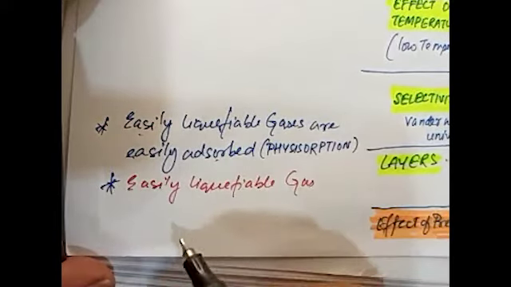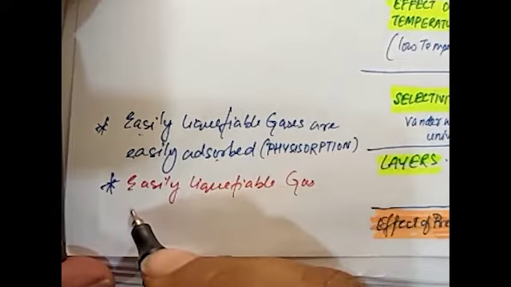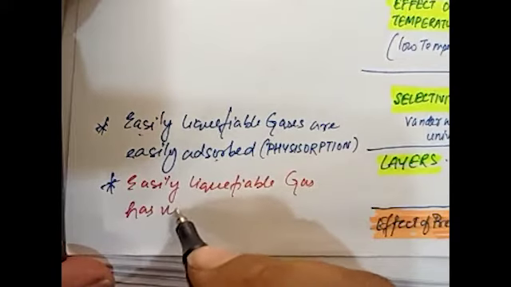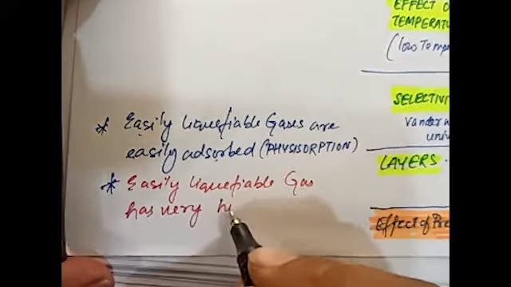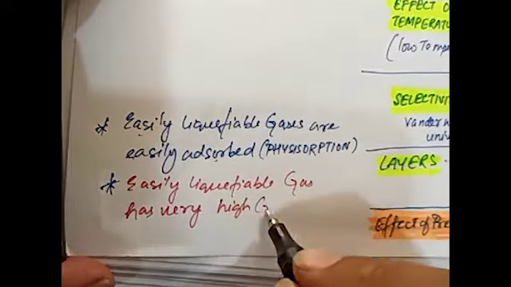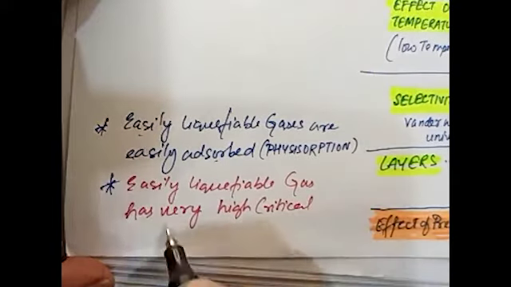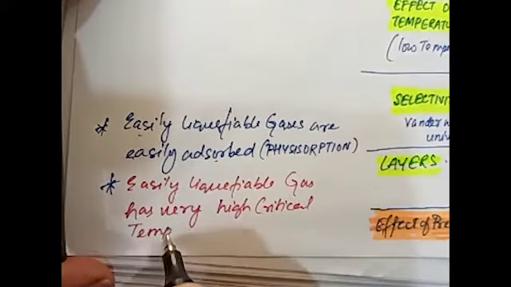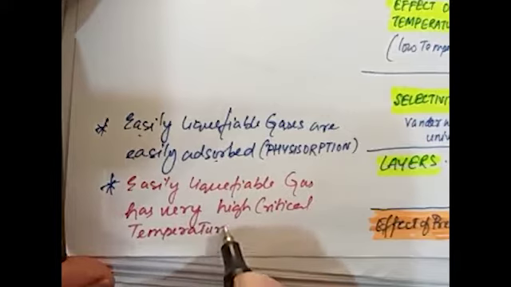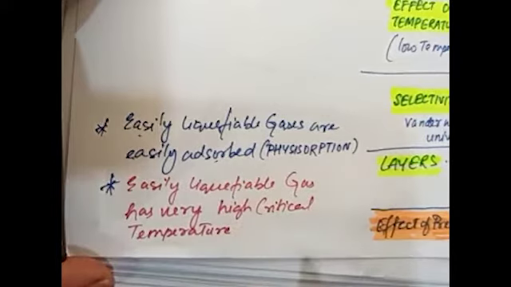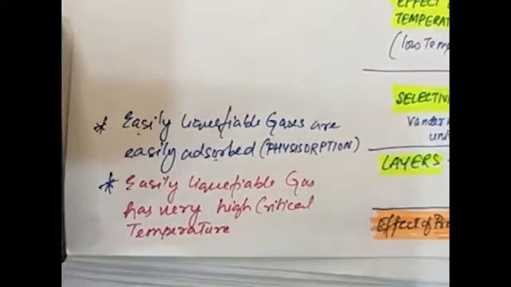Easily liquefiable गैस has very high critical temperature. क्रिटिकल टेम्परेचर क्या चीज है? It is the temperature above which a gas cannot be liquefied. Easily liquefiable gas has very high critical temperature.